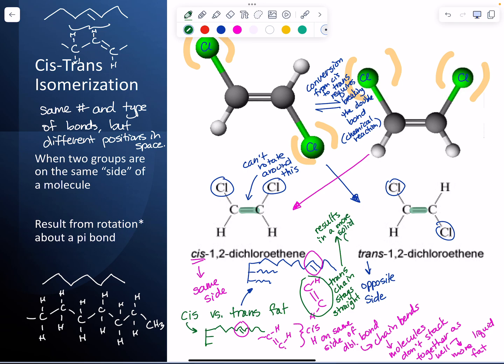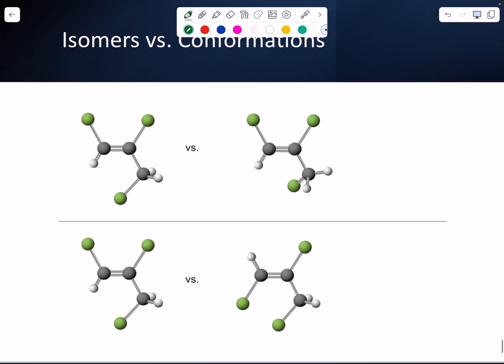And this slide got really busy really quickly. All right, so that's cis versus trans isomers. The thing that differs is whether you can just rotate about a bond and get a different conformation, or whether you have to break a double bond to move the atoms around, in which case you'd have an isomer.